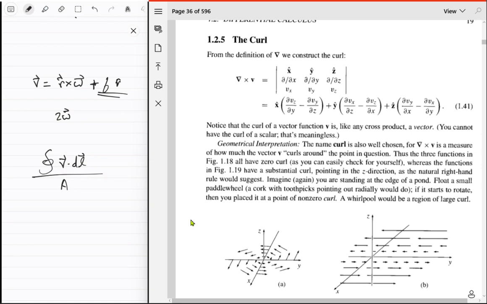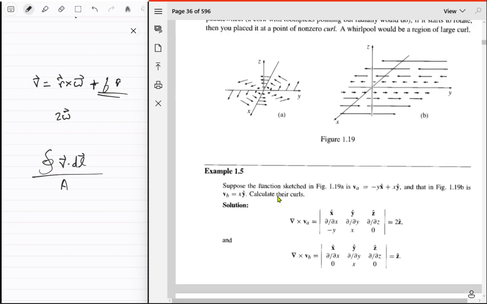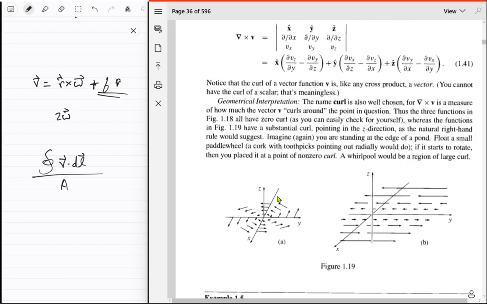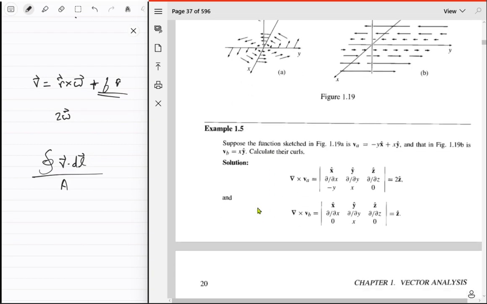But then again, how does that represent swirling? Maybe it does, because we use it for rotational dynamics. Still, it's weird. Anyway, for now, just think of curl as this limit, without going into the physical meaning too much, right? Anyway, next.